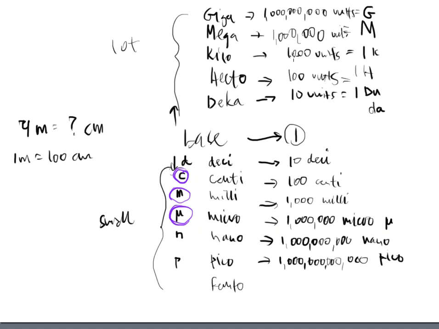However, if that crazy little old lady decides to go smaller and she wants a micro cat, then she's going to take a cat into her kitchen, and she's going to take a knife and chop it up into 1,000,000 pieces, and she's going to talk about one of those 1,000,000 pieces, and that is a micro cat. So the things below are smaller portions and the things above are larger portions.